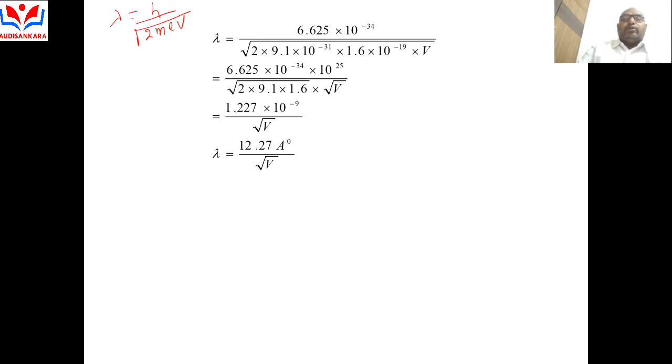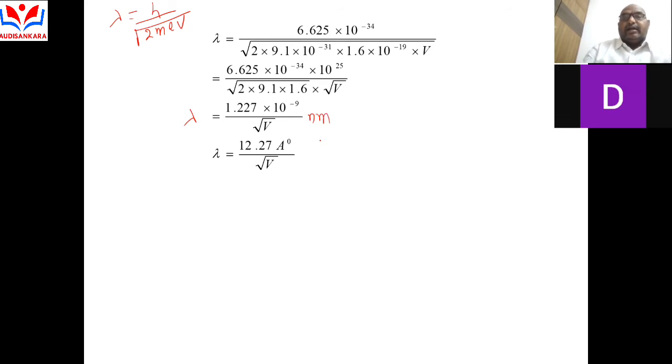So h is 6.625 into 10 power minus 34, divided by root of 2 into 9.1 into 10 power minus 31, the mass of the electron, and the charge of the electron is 1.6 into 10 power minus 19, and V is the potential in volts. After substitution and simplification, finally lambda is equal to 1.227 into 10 power minus 9 by root V nanometers, and lambda is equal to 12.27 by root V angstroms.